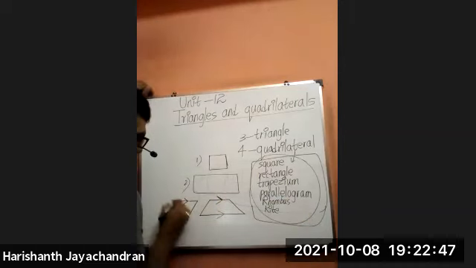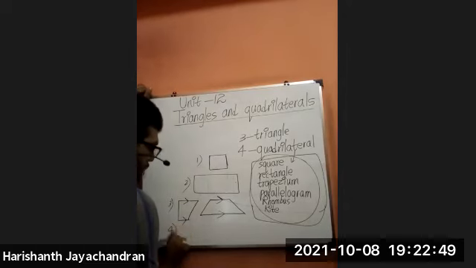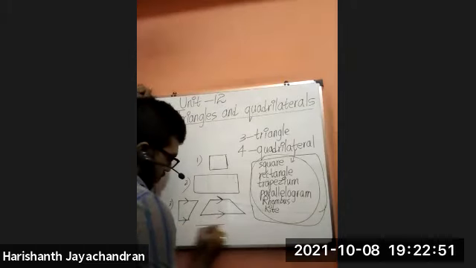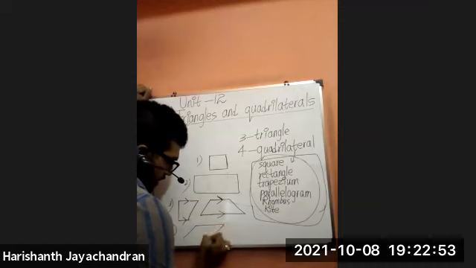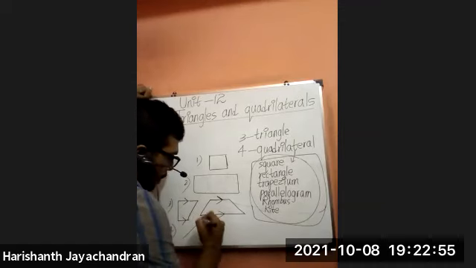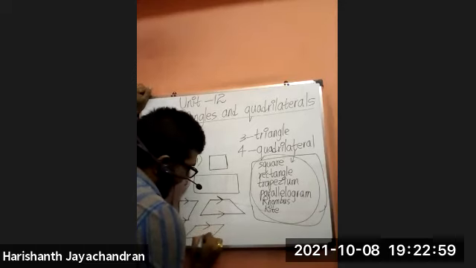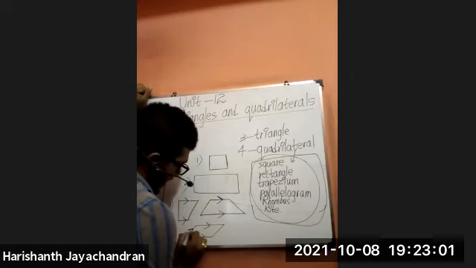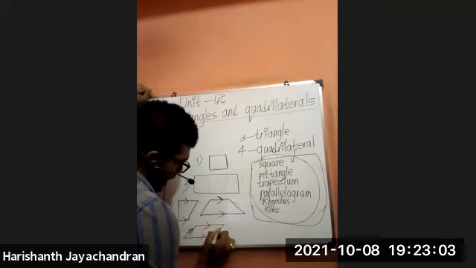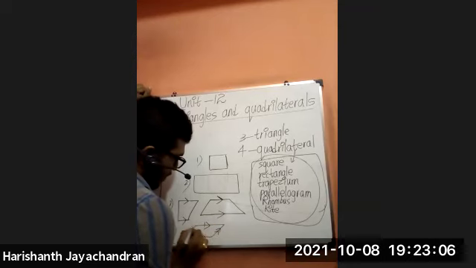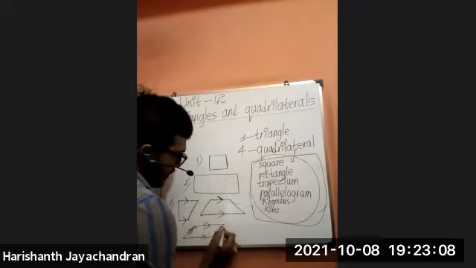For the parallelogram, it should be drawn like this, in which the opposite pair of sides are parallel to each other, and at the same time they are equal. Think of a rectangle.